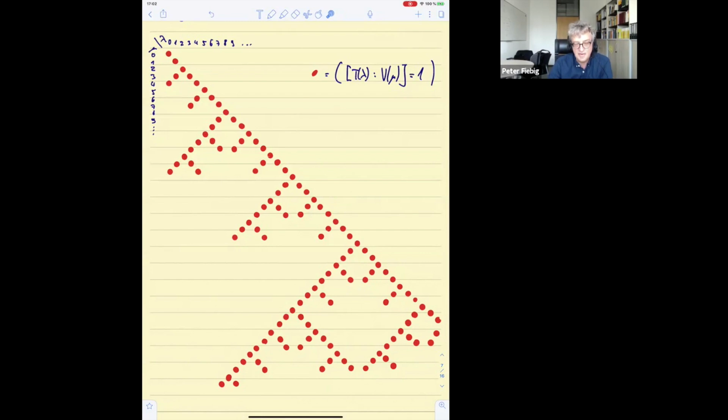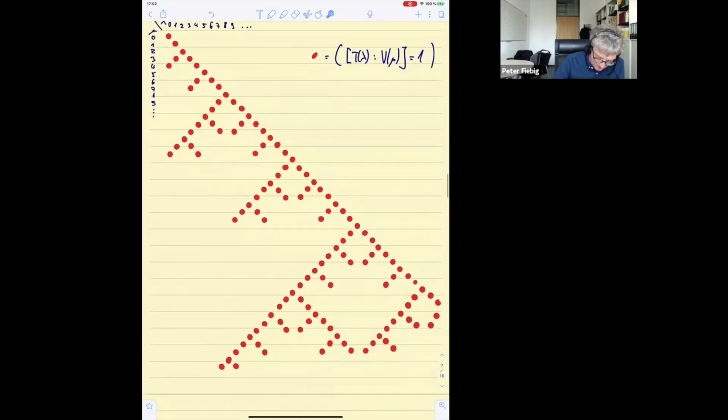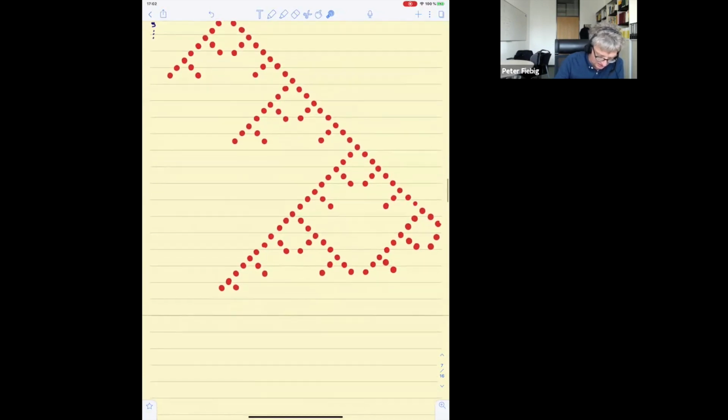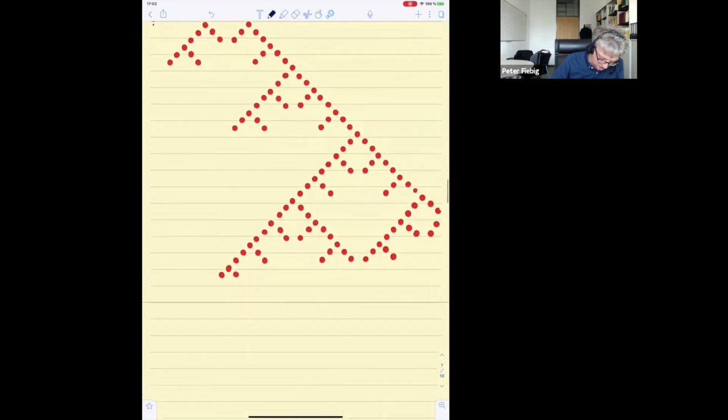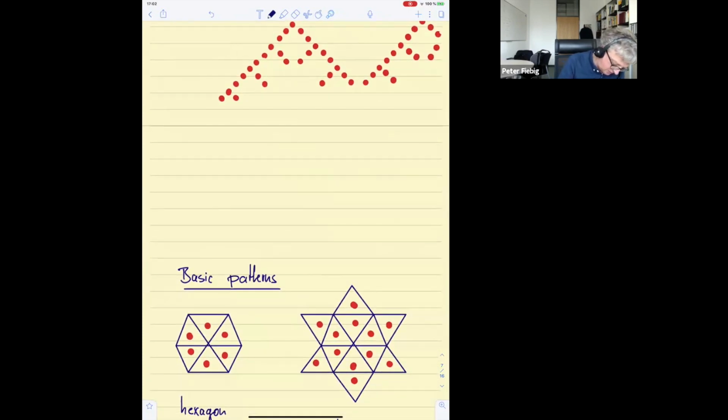So I like to think of this picture dynamically in this way, because there might be some hint of how to think about these tilting modules, of how they are created. Because you see something very similar but far more complicated in A3. So let me show you some A3 patterns. So tilting patterns for A3.